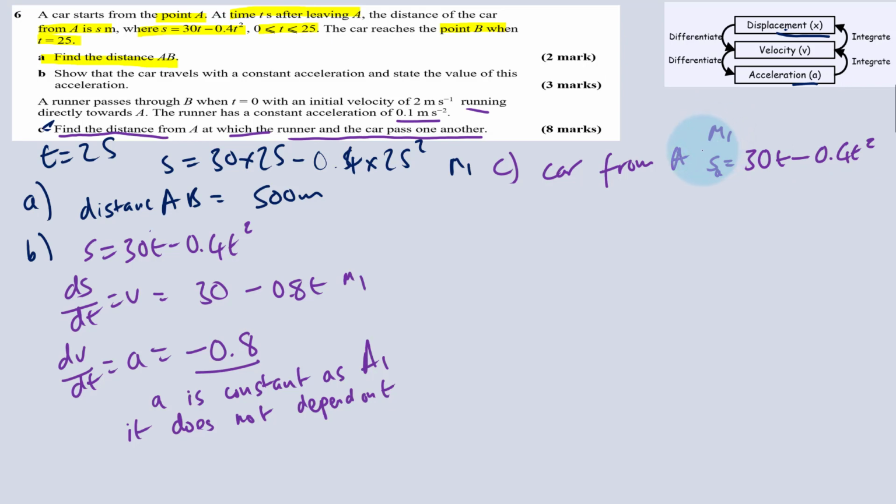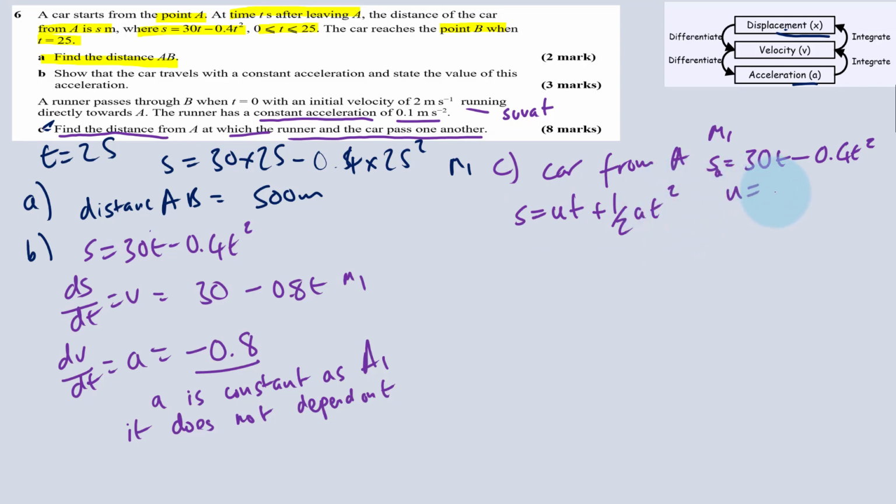Now the runner has constant acceleration. So what do we use? We're going to have constant acceleration, so we have to use suvat. Okay, so it's mixing up your skills. The most common suvat equation we use is ut plus a half at squared. If you see that, you get a method mark.